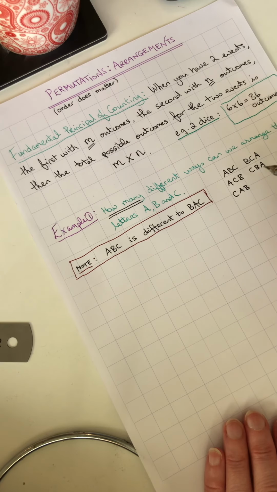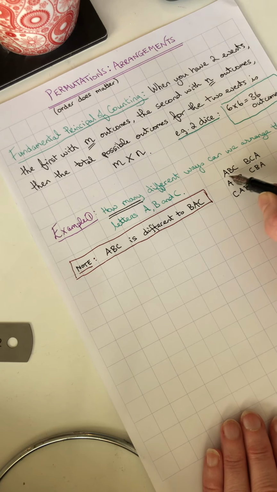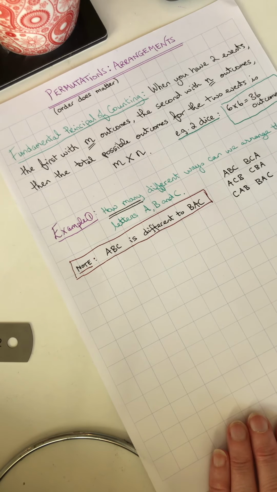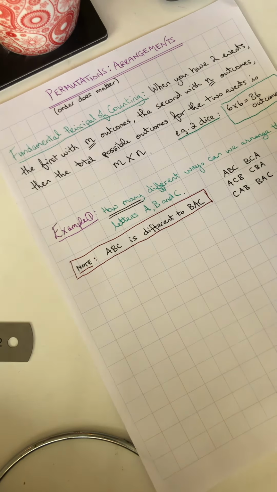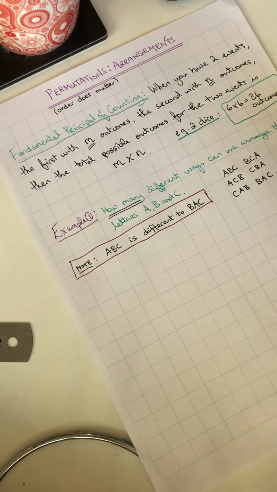But if we notice, for this one and this one, we swapped around the A and the B, but we haven't done it for this one yet. So for this top one, leave C in the last position and swap the B and the A around. So there we go, we've listed them out. We're fairly confident that we've gotten all of them, but maybe we're not sure.